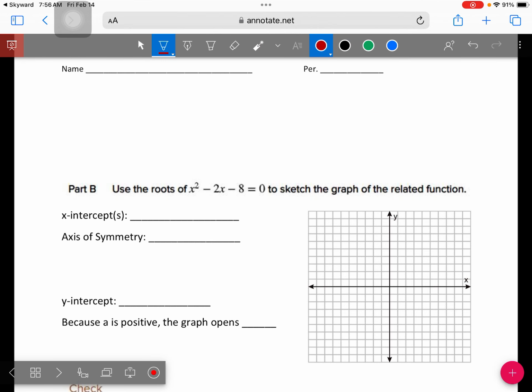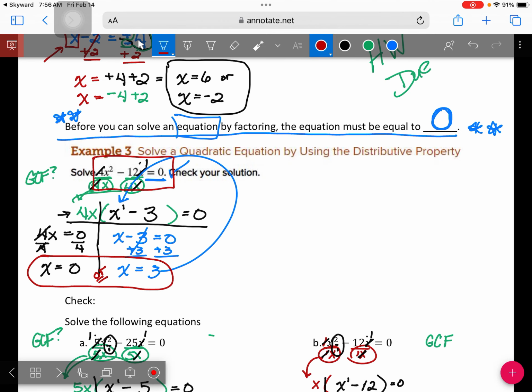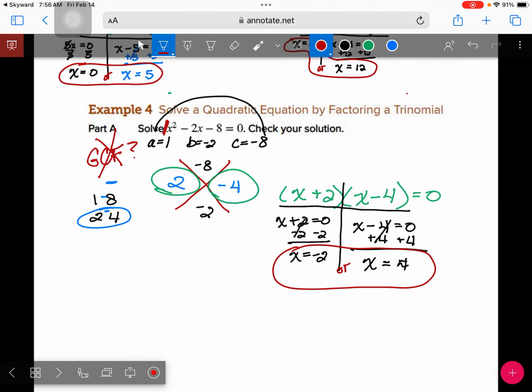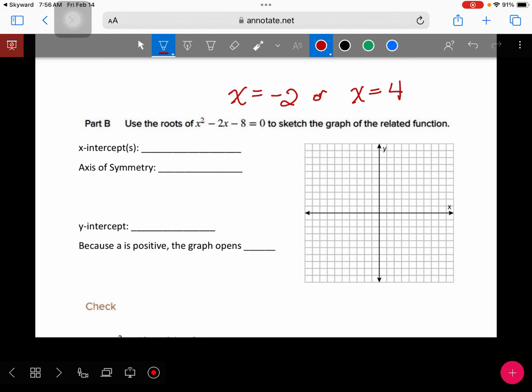Use the roots to sketch the graph. Okay, what were my roots here? The roots were x equals -2 and x equals 4. So let's put that, x equals -2 or x is equal to 4. Those are your roots.